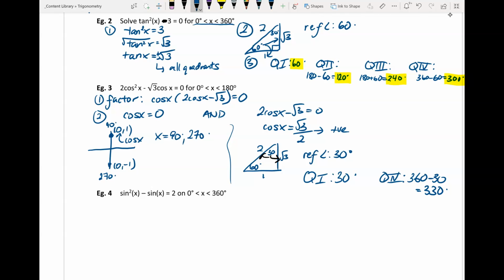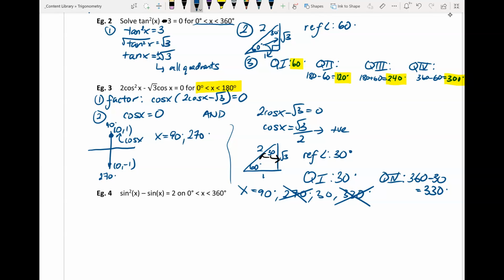Now, I am going to state all of our answers from both of them, but we again need to check our domain. For this particular question, we're looking for angles from 0 to 180 degrees. So that means I need to discard some solutions that don't fit that domain. 270 doesn't fit that domain, and 330 doesn't fit that domain.